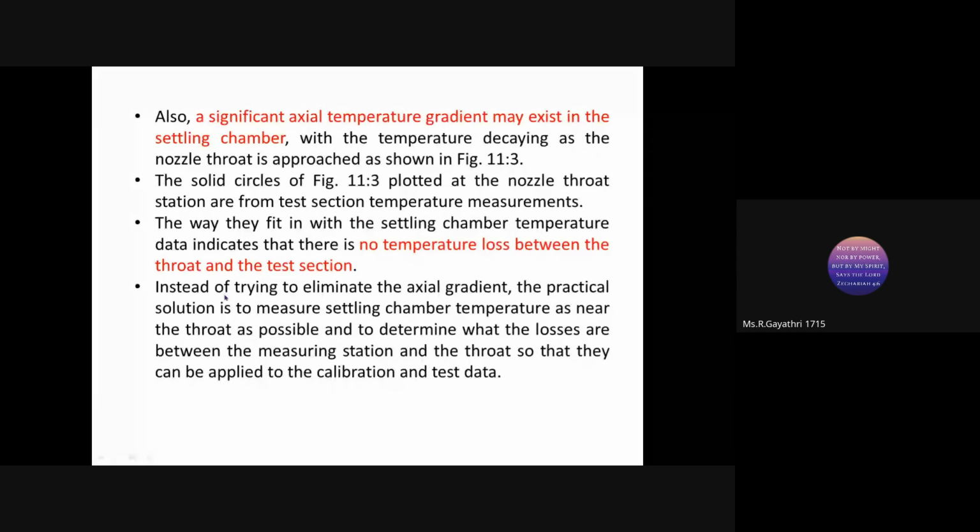Instead of trying to eliminate the axial gradient, the practical solution is to measure settling chamber temperature as near the throat as possible and to determine what the losses are between the measuring station and the throat so that they can be applied to the calibration and test data.